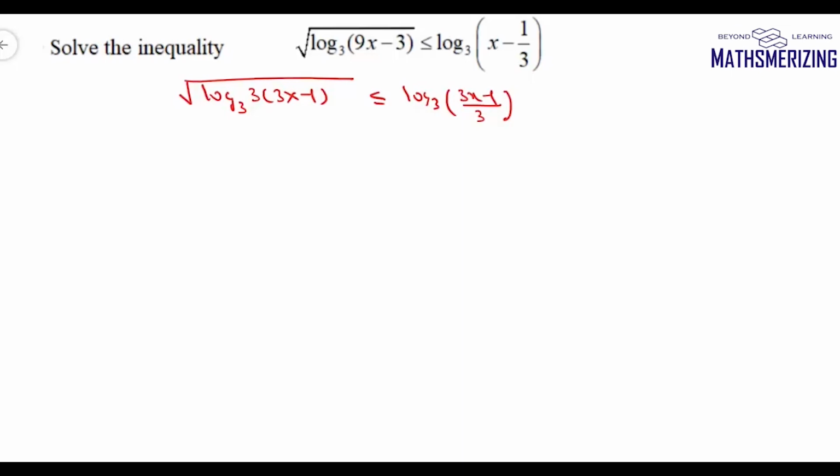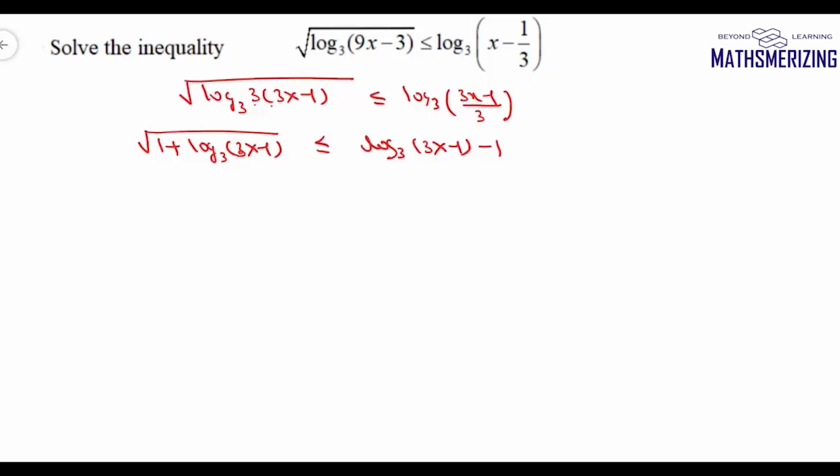So now I can use the property of log m into n, which is log m plus log n, and log m by n. So I'll write this as under root of 1 plus log 3x minus 1 is less than log 3x minus 1 and then minus 1.